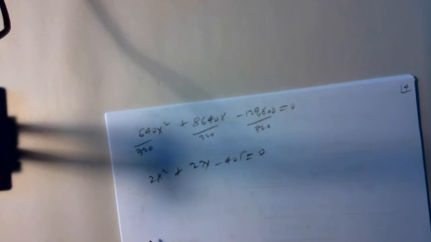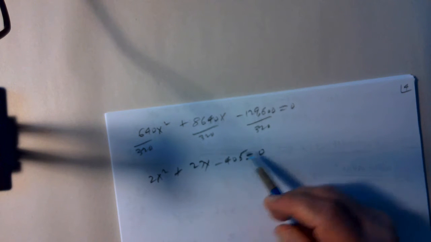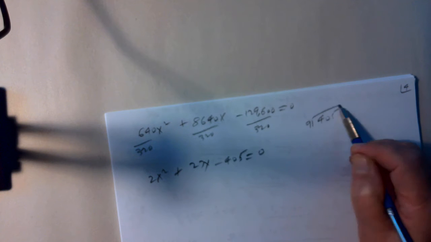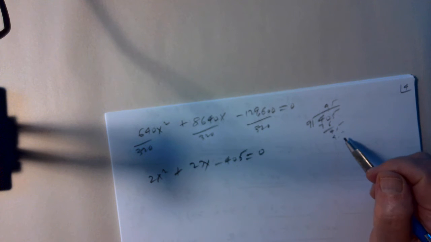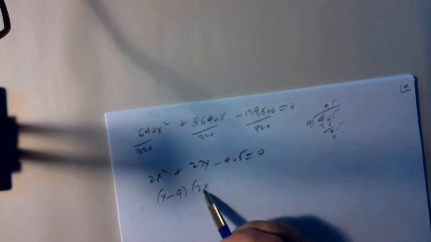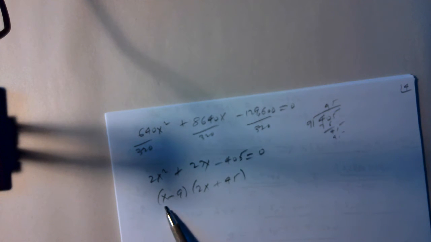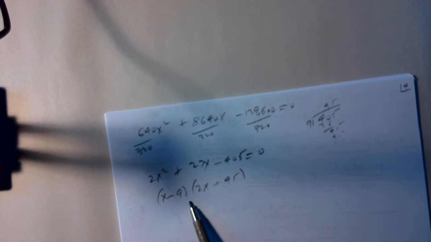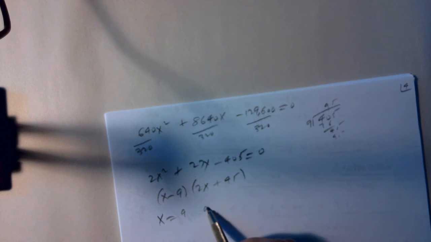And by a miracle, I believe this factors, because 405 is divisible by 9. So I believe this factors into x minus 9 times 2x plus 45. You get 2x squared. 45 minus 18 is 27. And 9 times 45. So x equals 9.